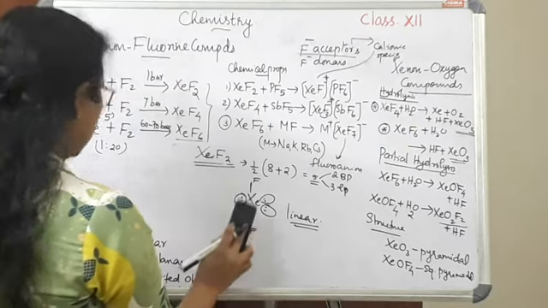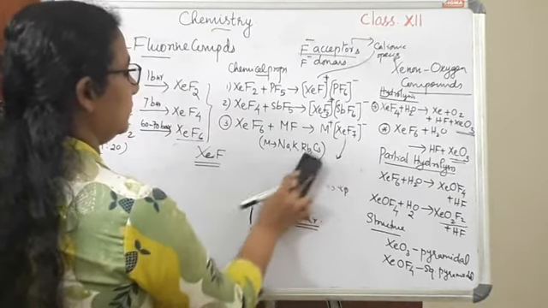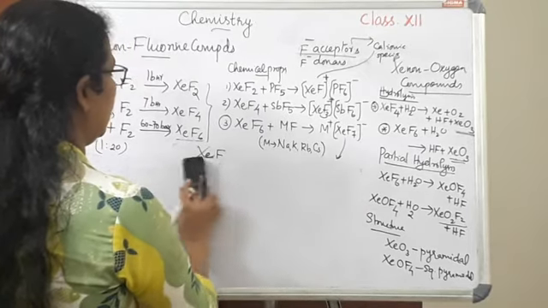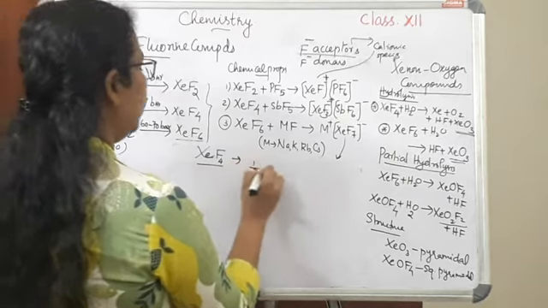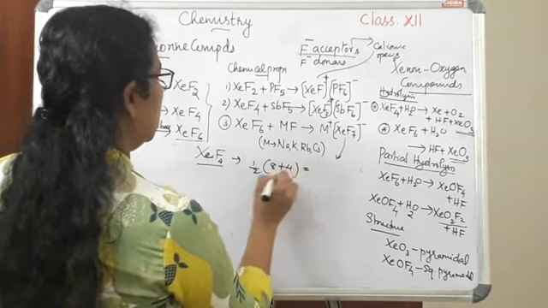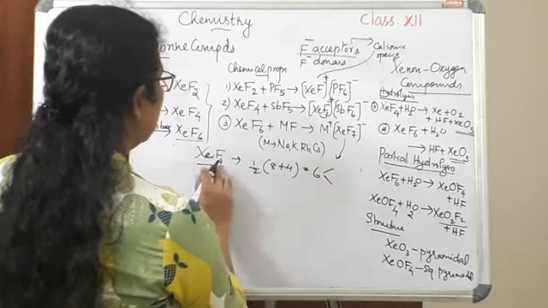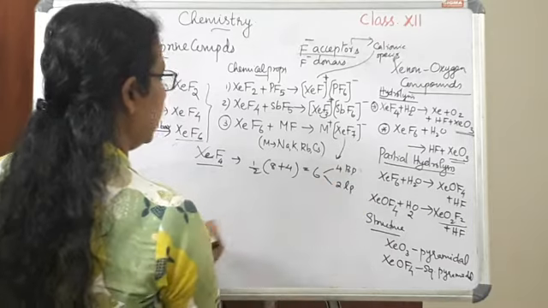Now, let us see XeF4. Here half into 8 plus 4, that is 6. So out of 6, 4 bond pairs are there and 2 lone pairs are there.